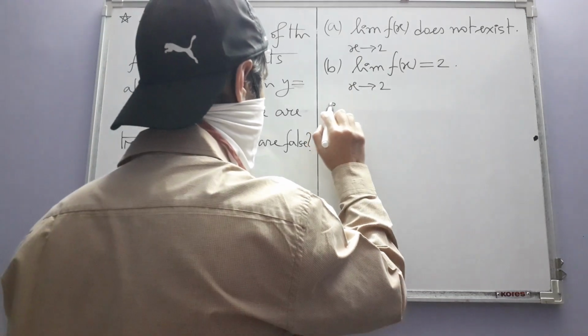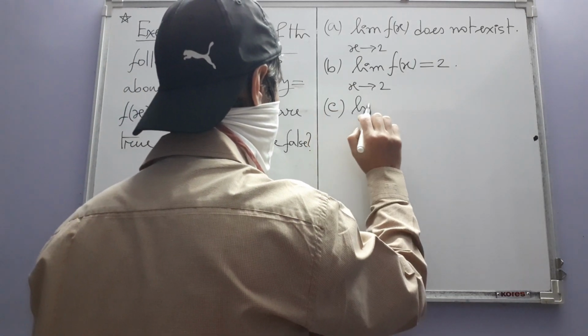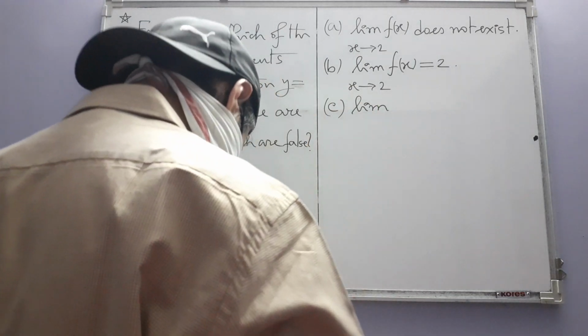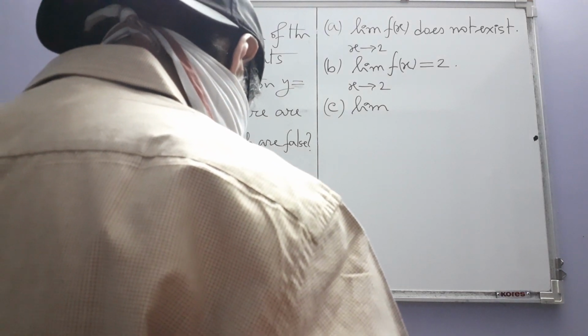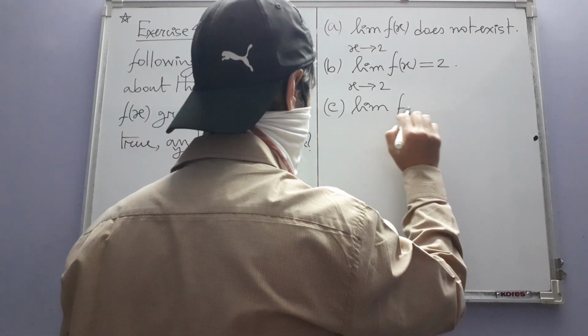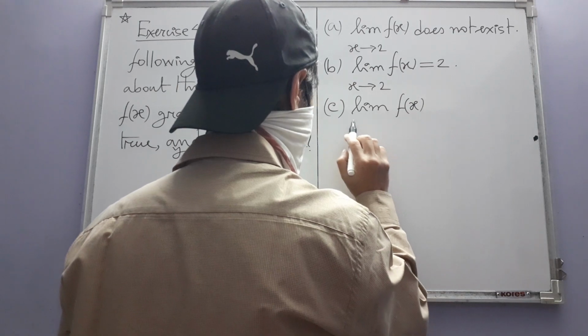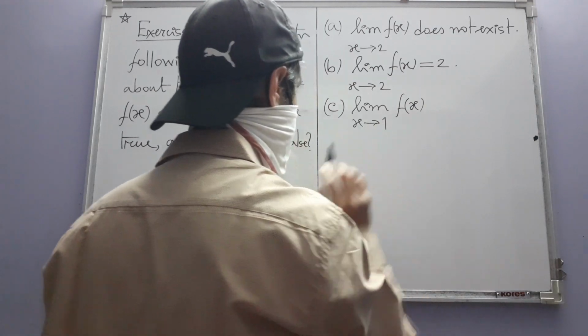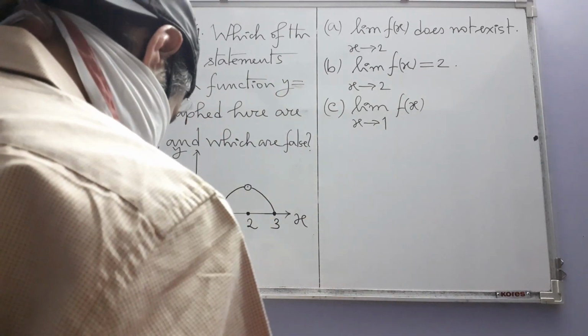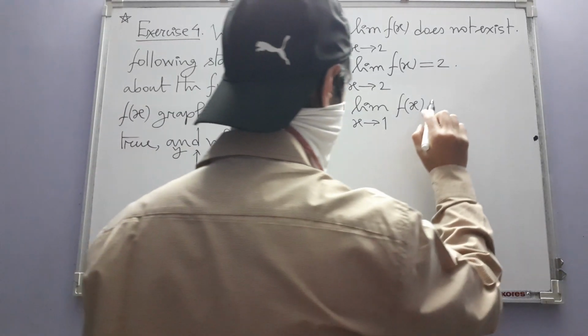Part C: the limit of f of x as x approaches 1 does not exist.